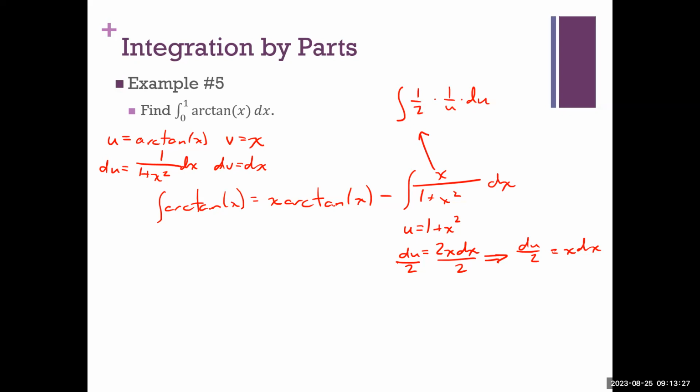Okay, is that an integral we know how to do? All right. What does that become? Natural log, so 1/2 natural log of u, right? So forgive my roundabout organization here, but this becomes 1/2 times the natural log of the absolute value of u.